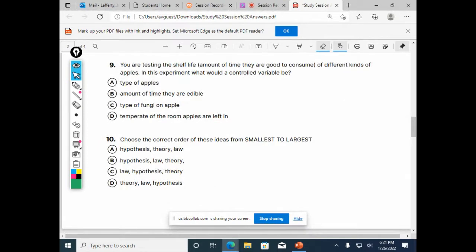Same experiment. What do you need to make sure is controlled? Good. Why do you need to control the temperature? So if it's hot, would something rot faster? Yeah. Okay. So let's say this is my experiment. I'm taking a bag of Granny Smith apples and I'm going to put them in the fridge.